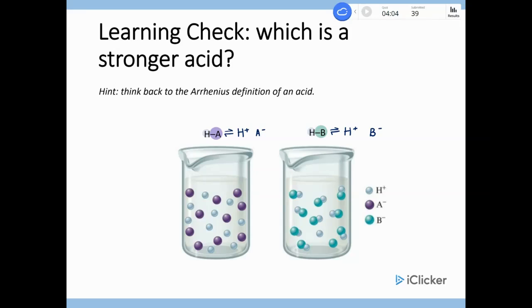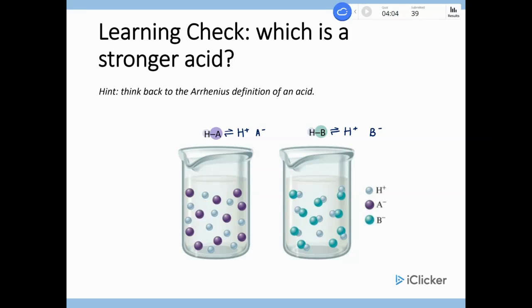So I know, since this is a question about acids, on the other side of the equation there will be an H plus, and then what's left is the A or B. And then we also know that acids are stronger if they create a higher concentration of H plus. H plus is this gray circle on its own.